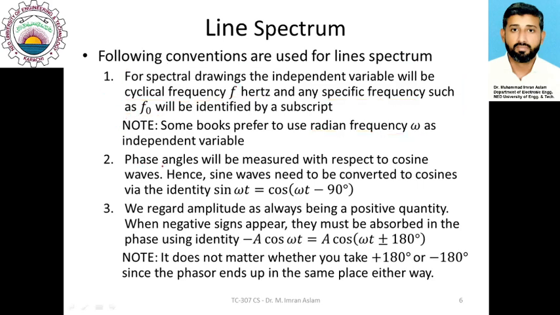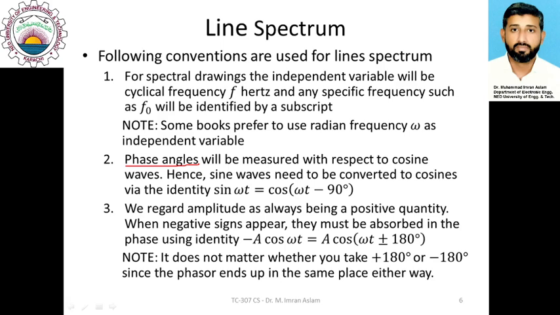Second important thing is related to the calculation of phase angle, because sinusoids can be represented in two ways, sine and cosine. Both the sine function and the cosine function are sinusoids, and we know that sine and cosine differ from each other by a 90-degree phase difference.